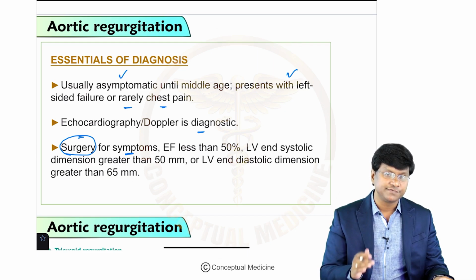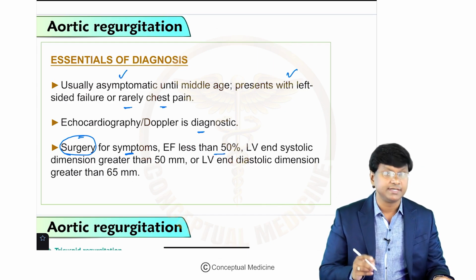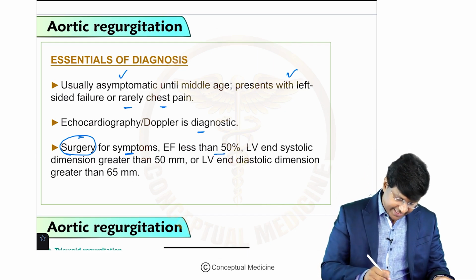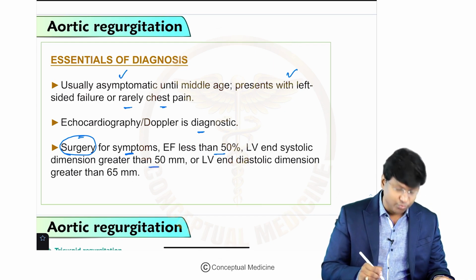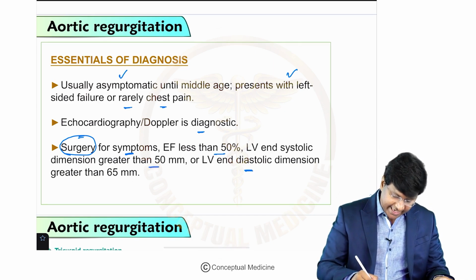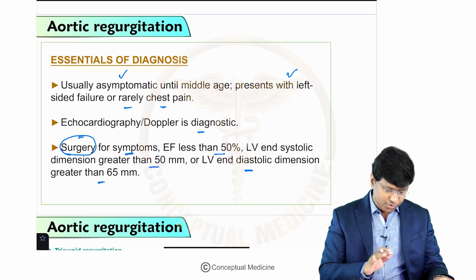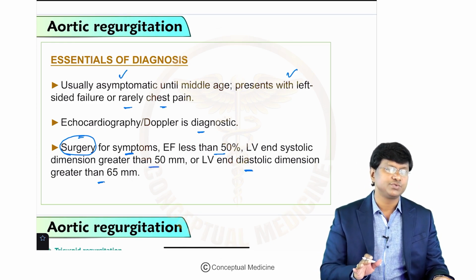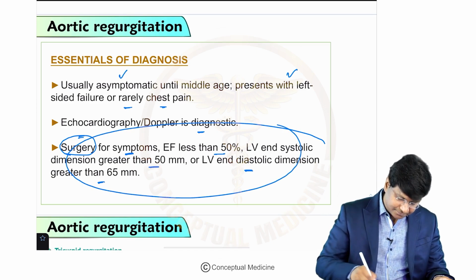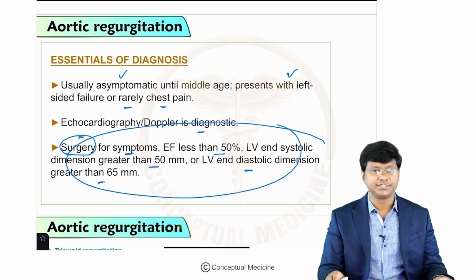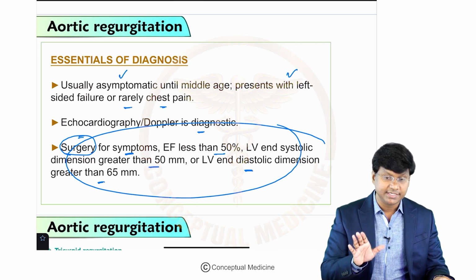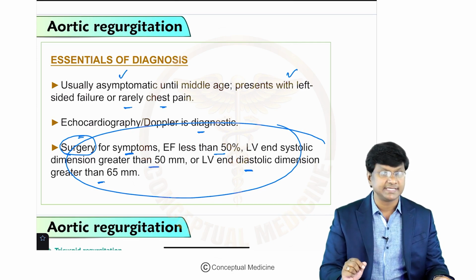And the other indications for surgery are ejection fraction less than 50%, LV end-systolic diameter more than 50 mm, LV end-diastolic diameter greater than 65 mm. So these are all the indications for surgery in patients with aortic regurgitation. So this completes the discussion of the very important topic, that is aortic regurgitation. Thank you very much.